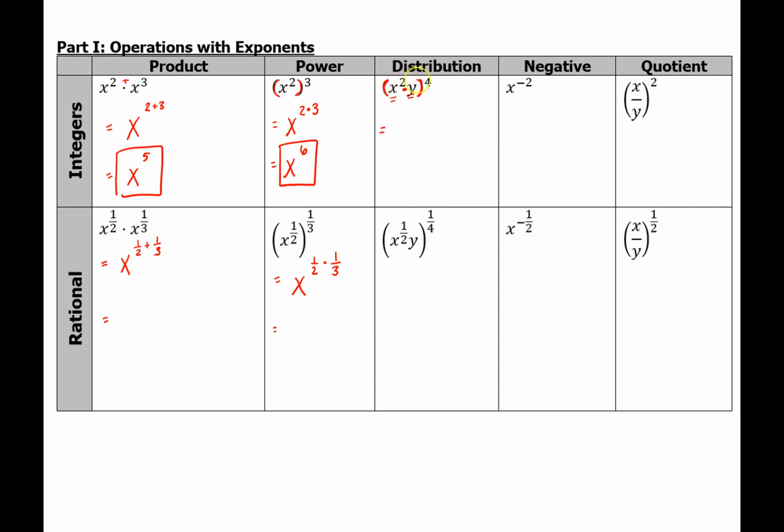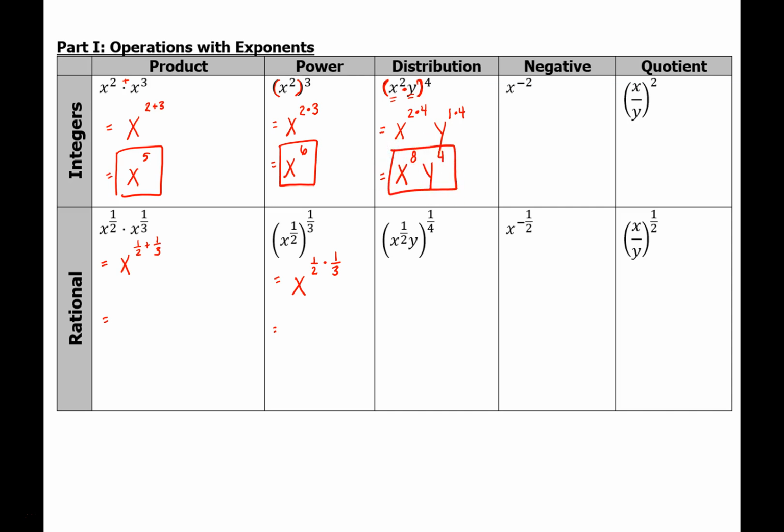So we're still using that power rule, which means we're multiplying. We're doing the x with that square multiplying with that outside power, and y is also a base in this one. That exponent is a 1, so we're multiplying it by the 4 as well. So that means we have x to the 8th and y to the 4th power as our simplified expression there.